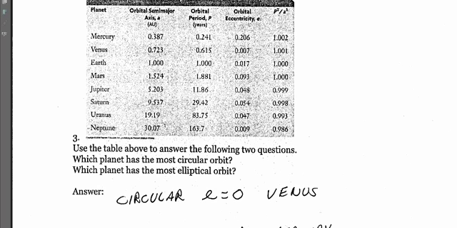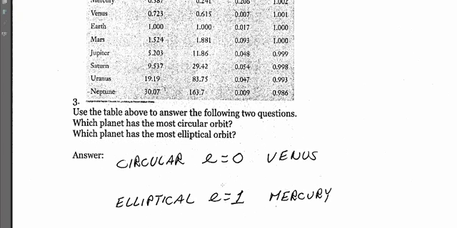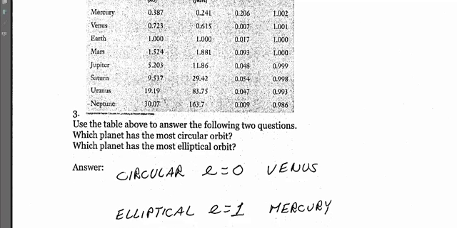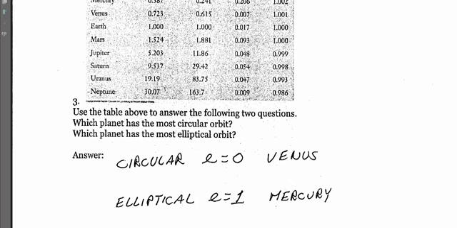And if we look on here, it looks like 0.007 is the closest to 0. So we would expect that to be the most circular. Elliptical is the value that's the closest to 1. And if we look on here, Mercury's 0.206, and by far that is the closest to 1, so Mercury is the most elliptical. This goes right back to Kepler's laws of motion and also the eccentricity activity you did.